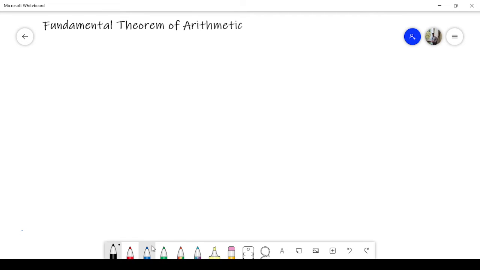Today we discuss the fundamental theorem of arithmetic. Now, you all know about arithmetic. Now what is the fundamental theorem of arithmetic?